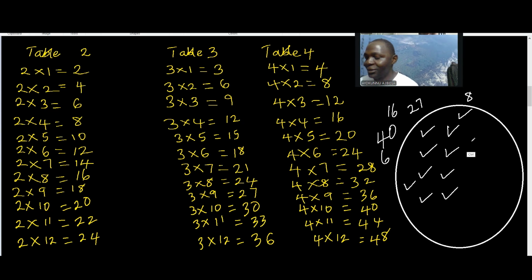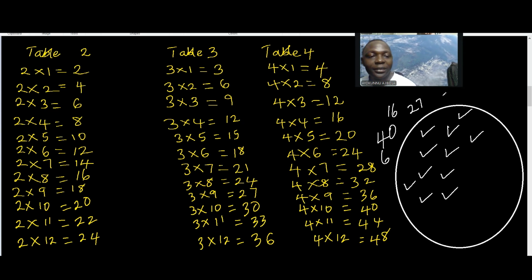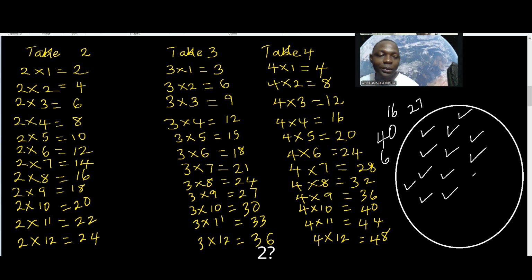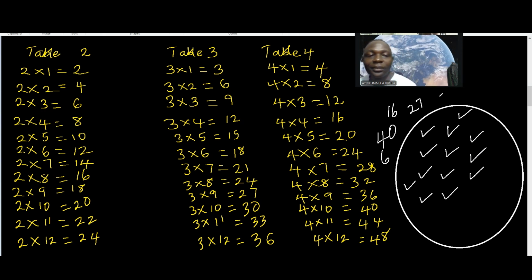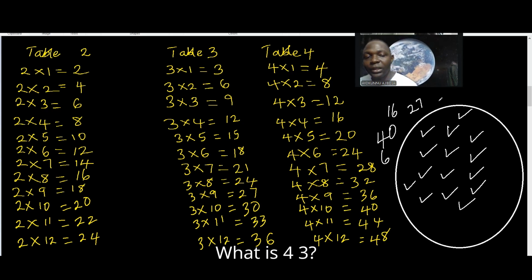What is 4 times 3? 12. What is 4 times 4? 16. What is 4 times 2? 8. What is 4 times 1? 4. What is 4 times 3? 12.